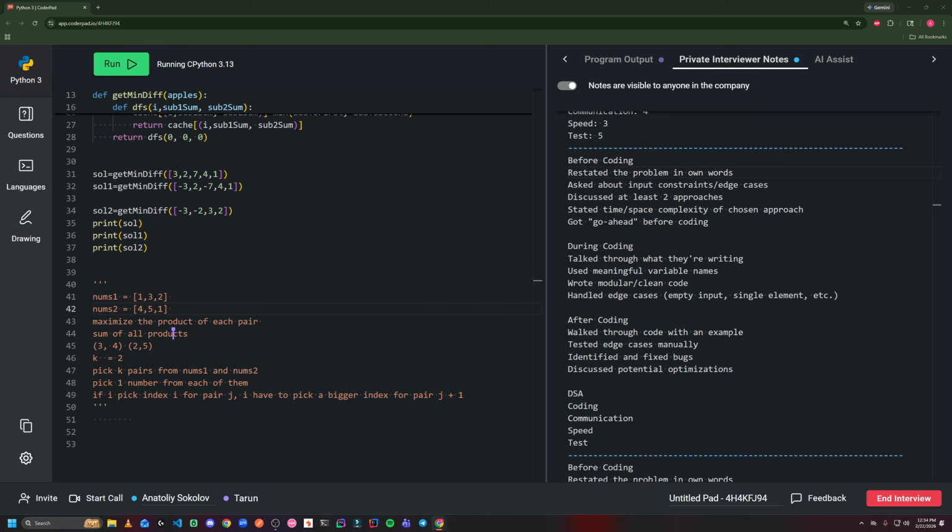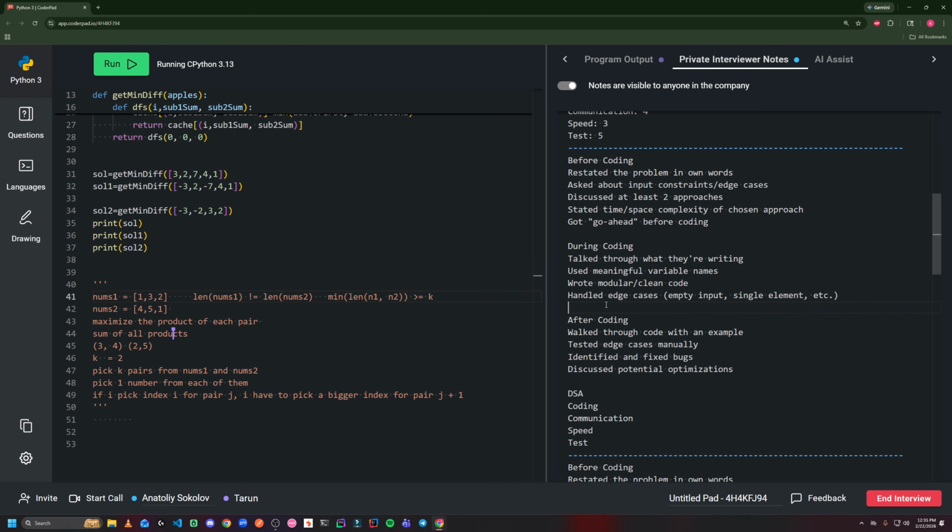The length of nums1 does not have to equal the length of nums2, but the min of the lengths of nums1 and nums2 is going to be greater than or equal to k. So we should always get k pairs.